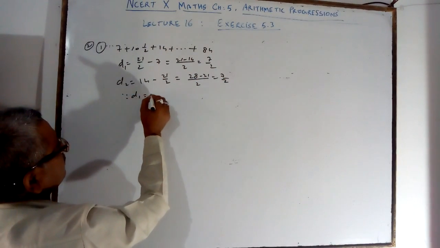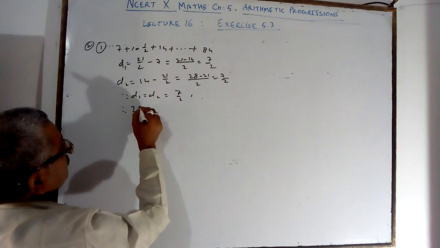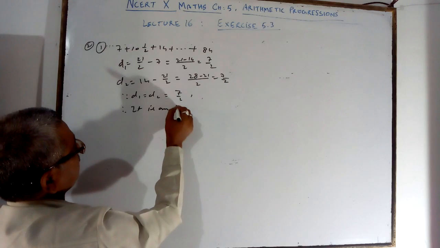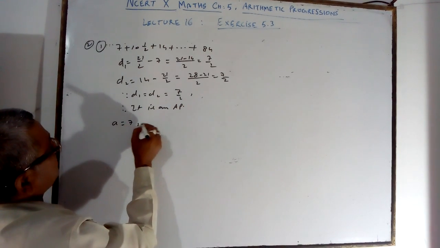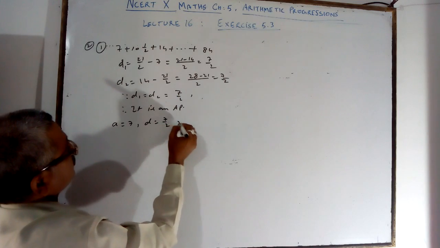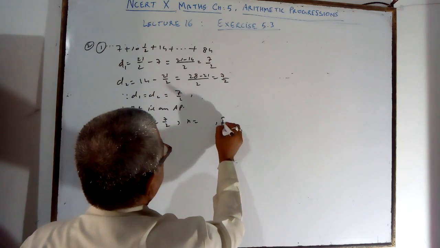Because d1 is equal to d2 is equal to 7 by 2, it is an AP. So what is the first term? 7. What is d? 7 by 2.